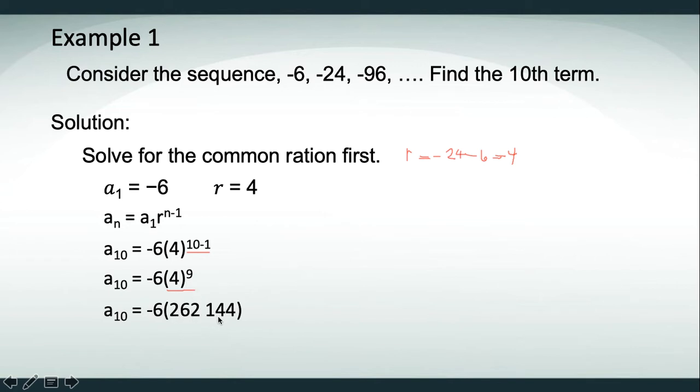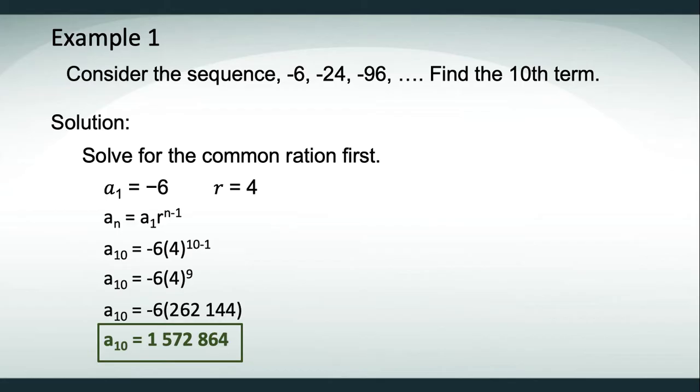Again, 4 to the power of 9 means we multiply 4 nine times, not 4 times 9. Then we multiply the answer of 4 to the power of 9 by negative 6. So we get 1,572,864. And this is the value of our 10th term.